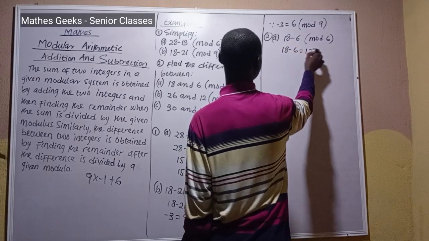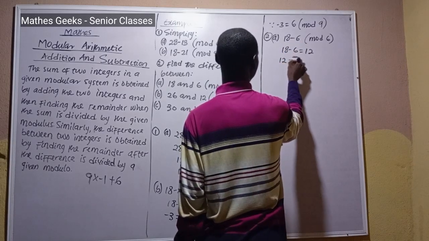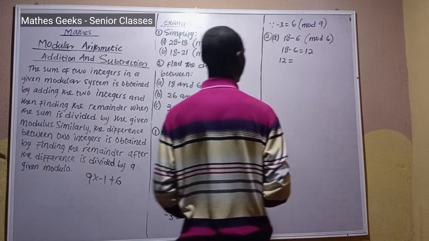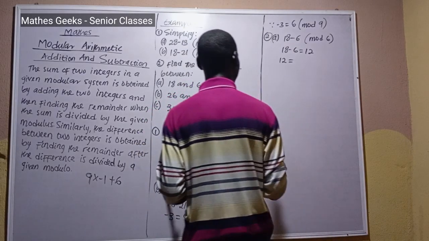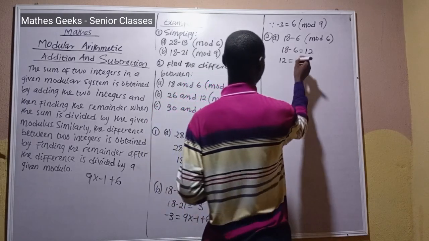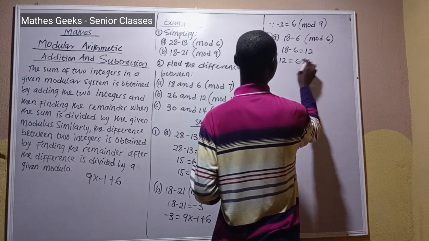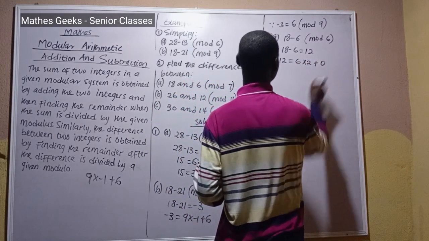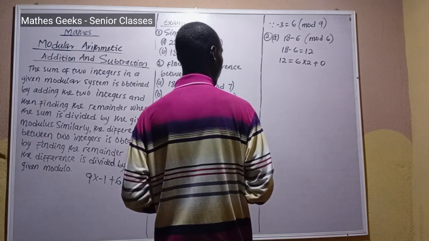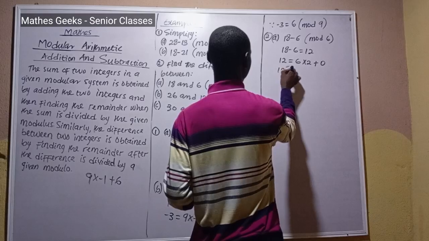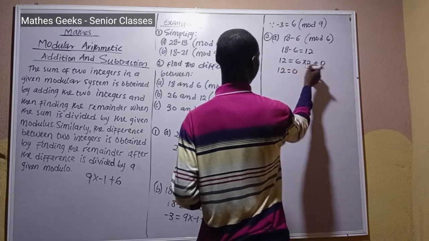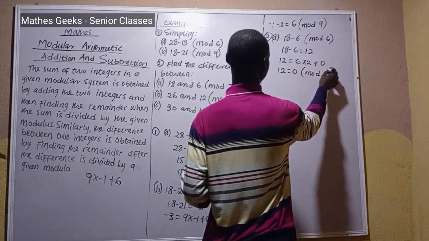So 12 in mod 6: the multiple of 6 that's closest to 12 is 6 times 2, which is 12. The remainder is 0. Therefore 12 is equal to 0 in mod 6.